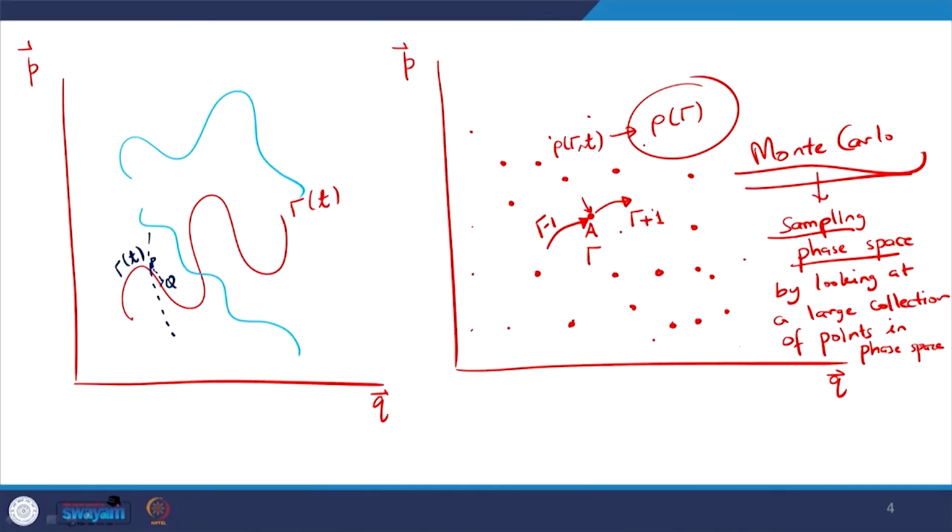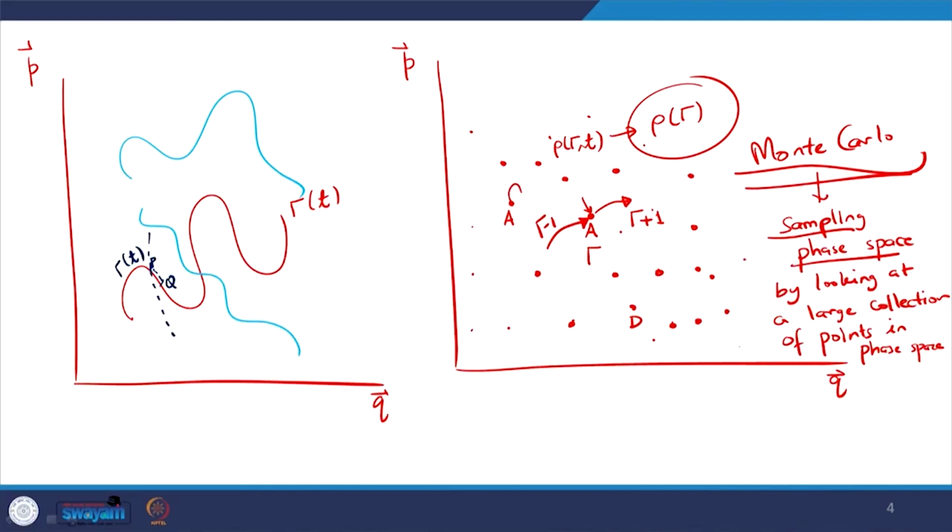but you can already see the beauty of this. Let us say, for example, I am looking at two particular phase space points A and D. In a Monte Carlo simulation, I can clearly sample A and D very easily, and these are arbitrarily located at different places in the phase space.